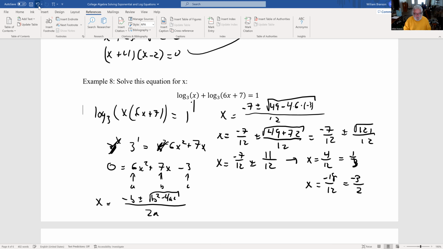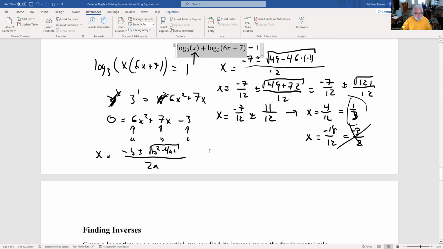Right? And we have an X by itself there, so not a solution because it's negative. So our only solution is going to be this. So we use the product rule to pull this together, and then the fundamental rule to get the stuff that's inside the logarithm out of the logarithm.